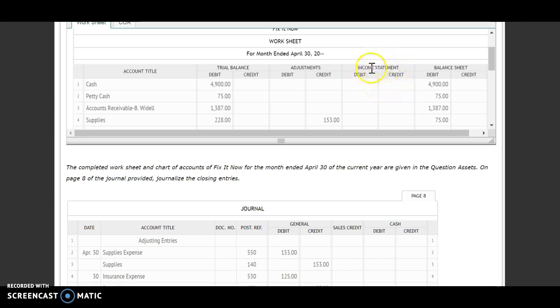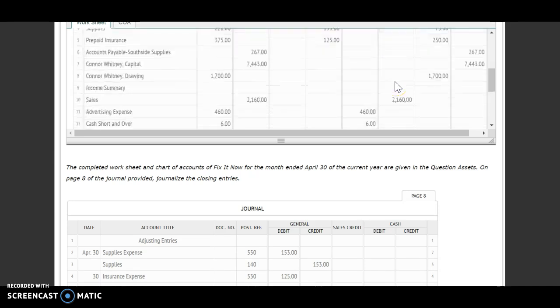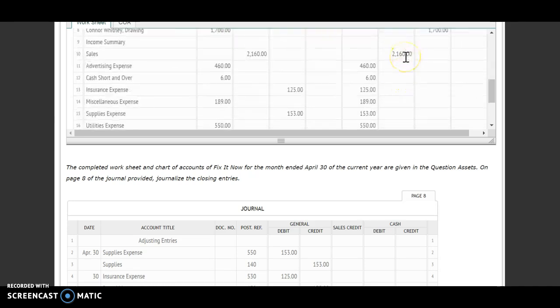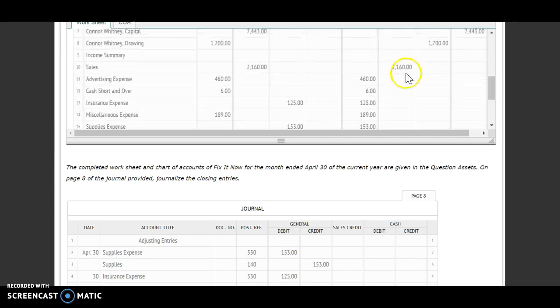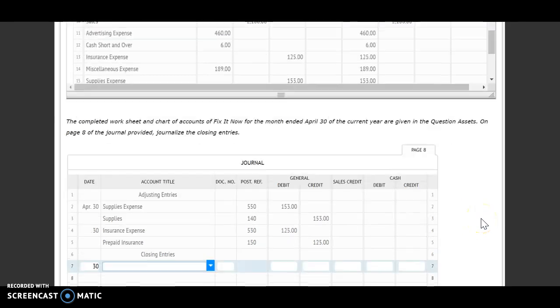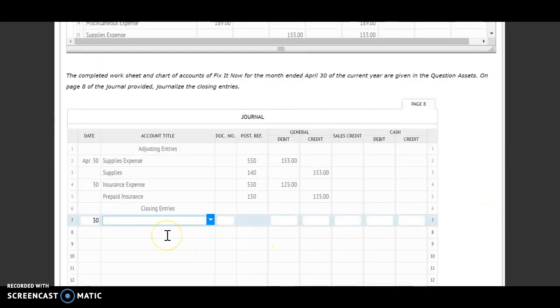So I'm going to specifically look at my income statement credit column, and I'm going to scroll down, and I see actually only one account that has a balance, and that is my sales account. So to close that account, if it has a credit balance, to bring it to 0, I need to debit that account. So I'm going to go down and I'm going to debit sales.